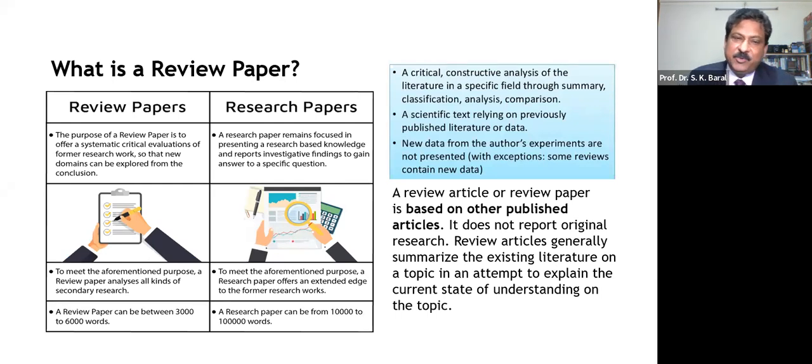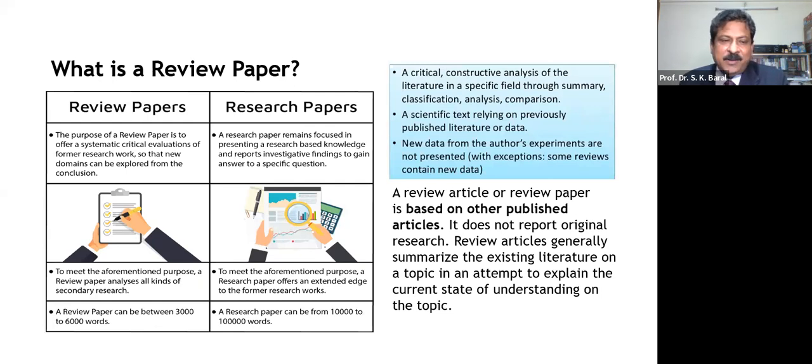And a research paper, you know very well, remains focused on presenting research-based knowledge and reporting investigative findings to gain answers to a specific question. These are the characteristics of a research paper.